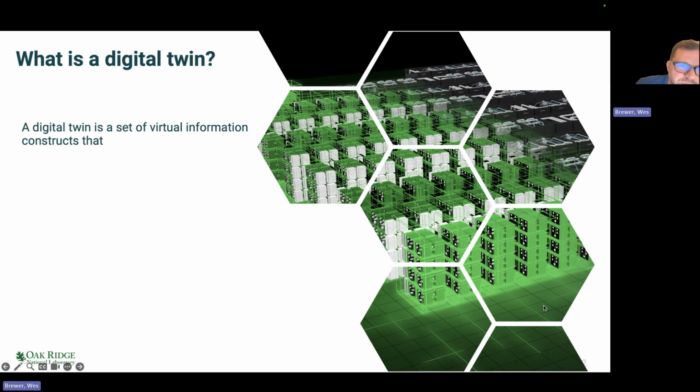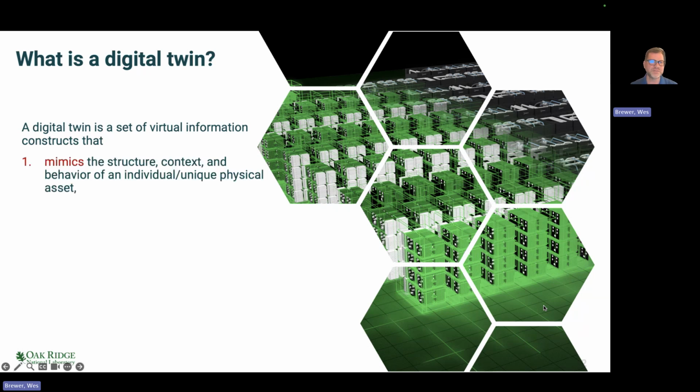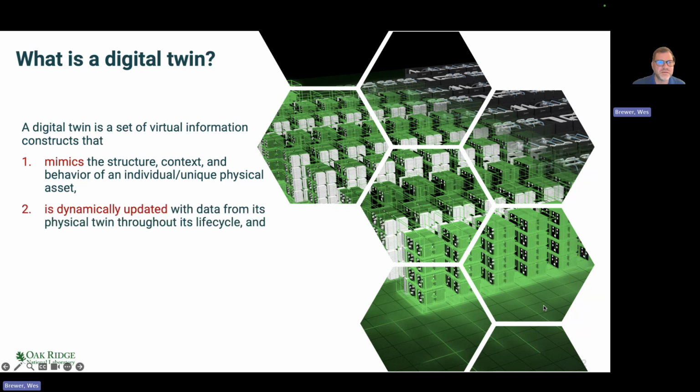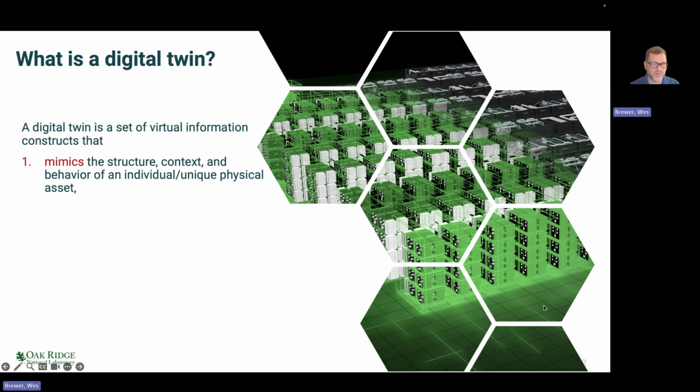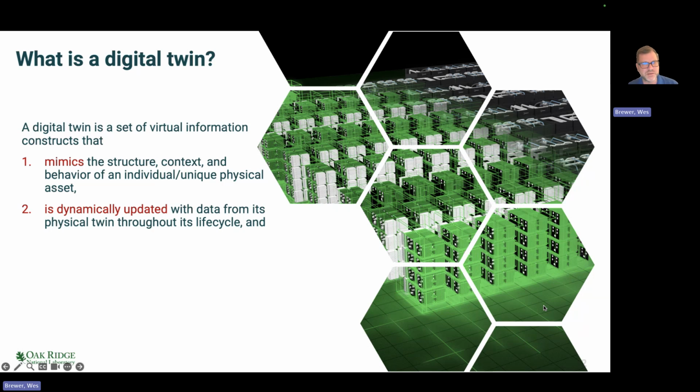It says that a digital twin is a set of virtual information constructs that, one, mimics the structure, context, and behavior of an individual or unique physical asset. This is usually done using either AI/ML or modeling and simulation. Two, a digital twin is dynamically updated with data from its physical twin throughout its life cycle, which is typically done using sensor data, or what we call telemetry data, from the physical HPC system.